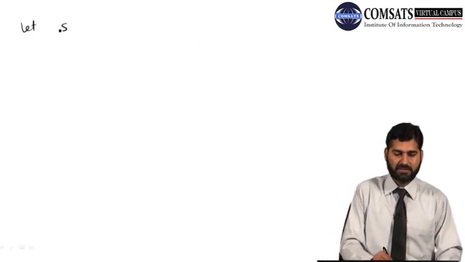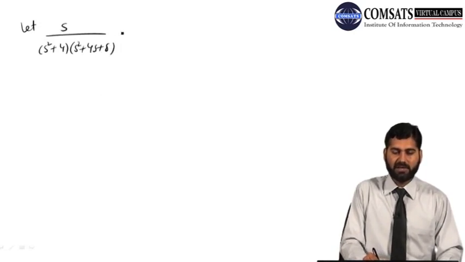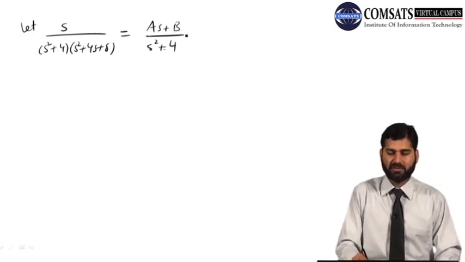Call this equation star. We have s over (s square plus 4) times (s square plus 4s plus 8) equal to (as plus b) over (s square plus 4). Because it is quadratic, I have to use as plus b on top.